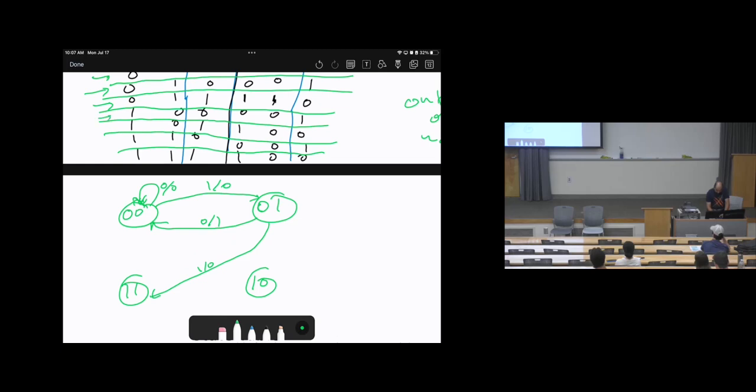10: if the input is 0, it will go to 00. Sometimes, to avoid this intersection, we will draw it like this.